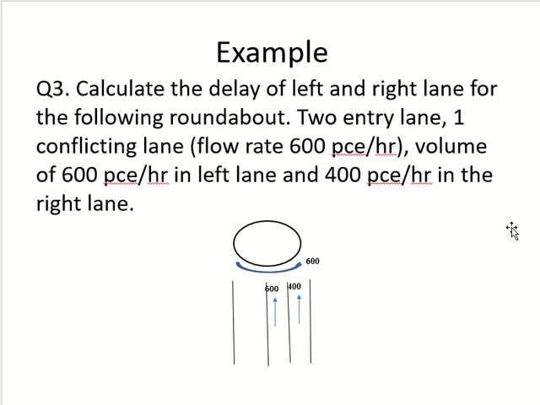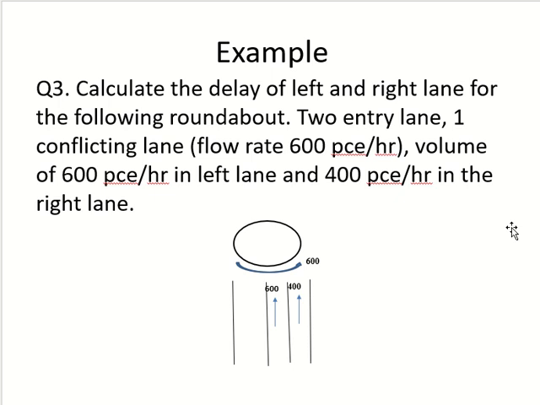So which lane do we call conflicting? The roundabout. Okay, the lane in the roundabout. That lane has a flow of 600 passenger cars per hour. Volume in the left hand side lane of the road is 600, in the right hand side lane of the road 400. You can also see it here.